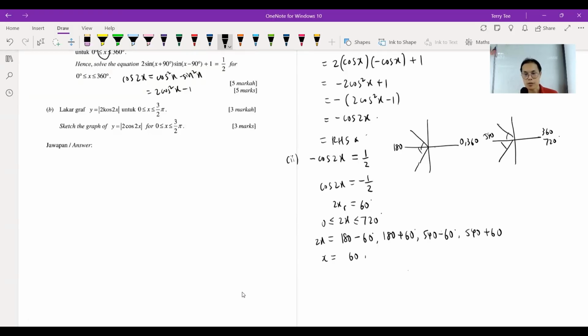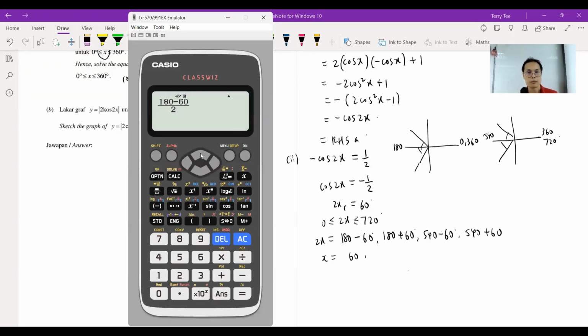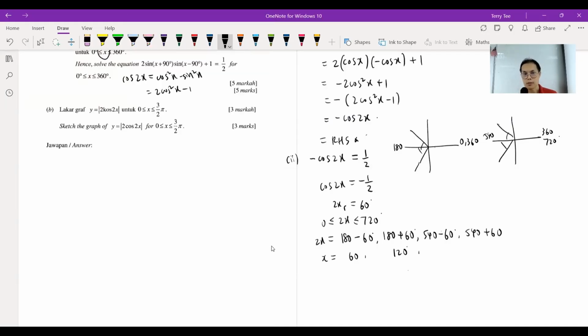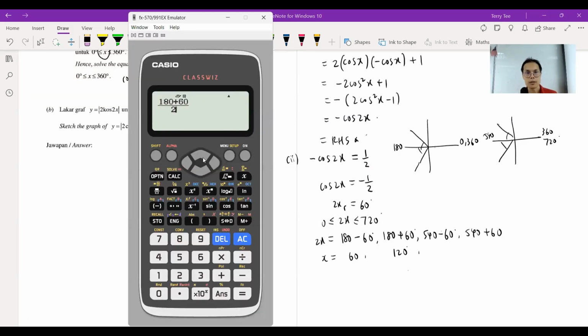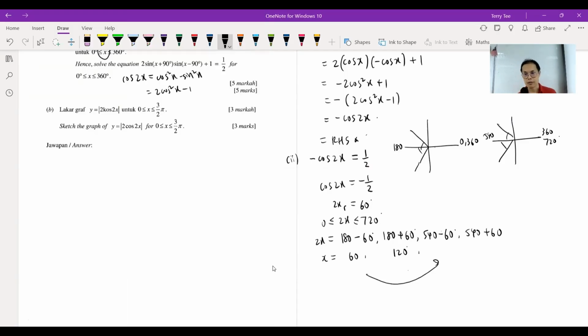Next one, I just change the sign from minus to plus. This will be 120. This is 540 minus. Yeah, 540 minus. Very simple actually. You can use brain to calculate, right? I would think of it as take this at 180, right? It's 240, yeah.